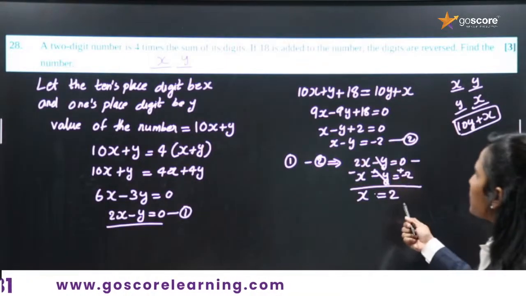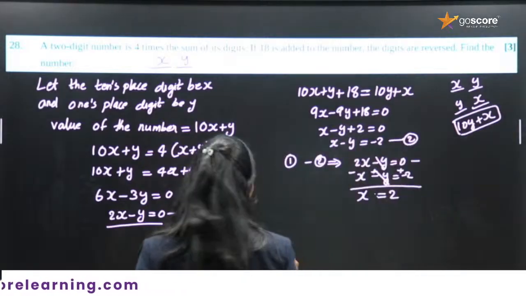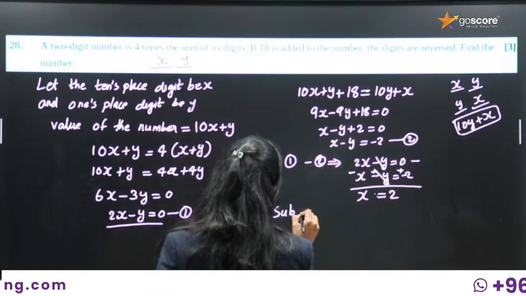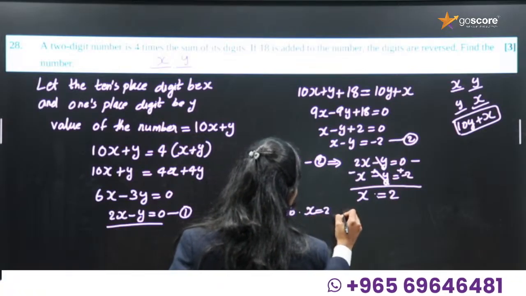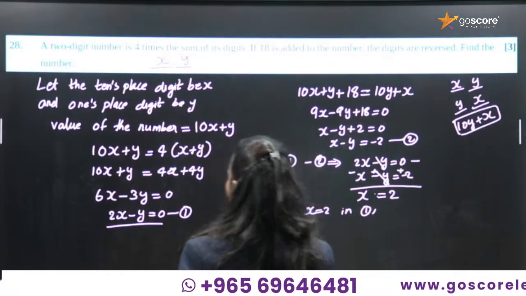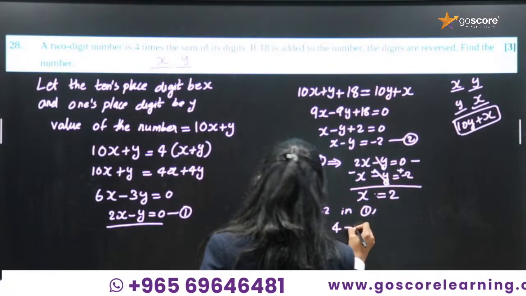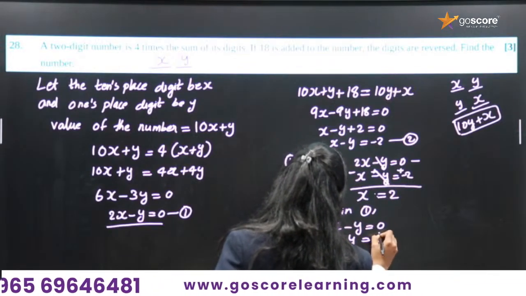That means the digit in the tens place is 2. And now we can substitute x equal to 2 in equation 1. You will be getting 4 minus y equal to 0, or y is equal to 4.